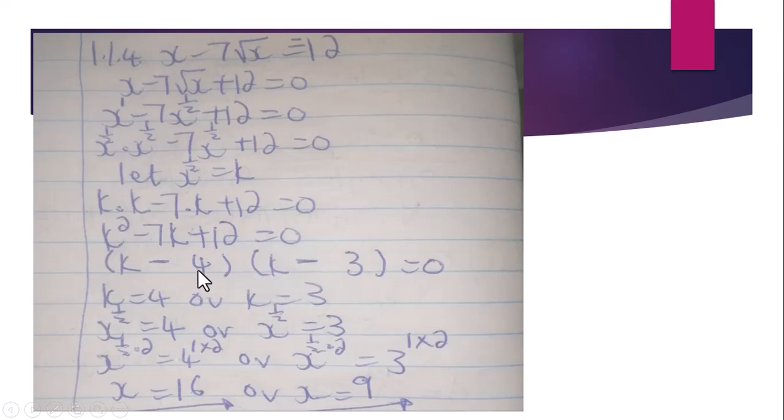And then we know what has to transpire here. We have the zero product, so you will say k minus 4 equals 0, or k minus 3 equals 0, and k equals 4 or 3. But remember, what is k? It's x to the exponent of 1/2 equals 4, and this is equals to 3. And then you want to get rid of this 1/2.